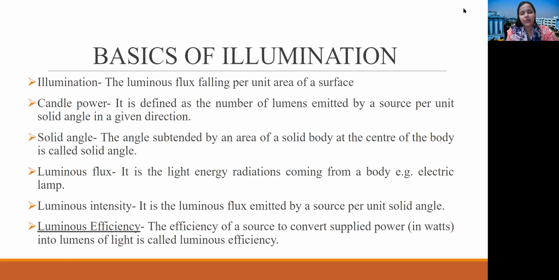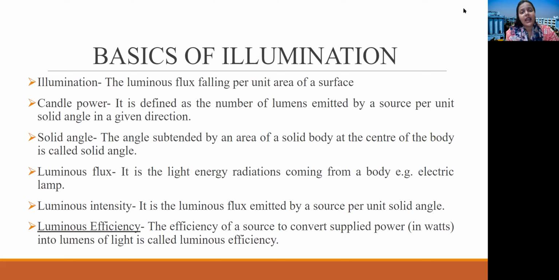So, basics of illumination. Let us first know what illumination is. Maybe some of us already know that illumination is related to light. Maybe you have an idea that illumination is light. No, it's wrong. Light is energy, and illumination is the effect that causes a surface to be seen by us when light falls on that surface.